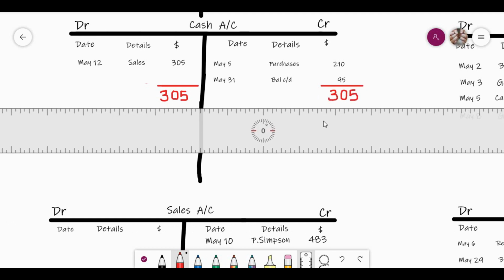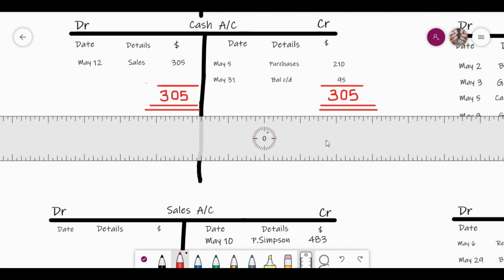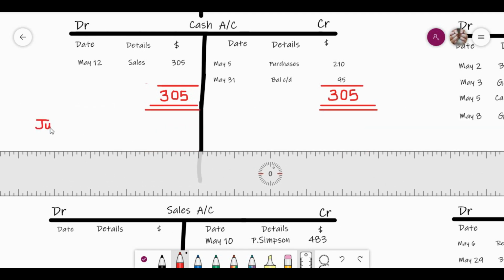We're going to be double lining the figures on both sides and then writing in the balance BD amount along with its details.